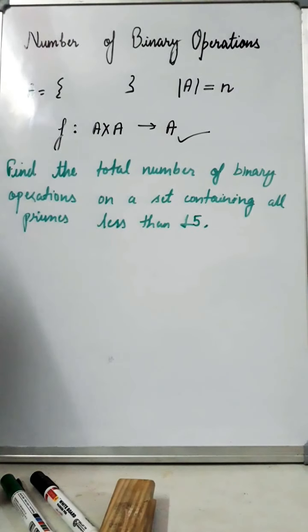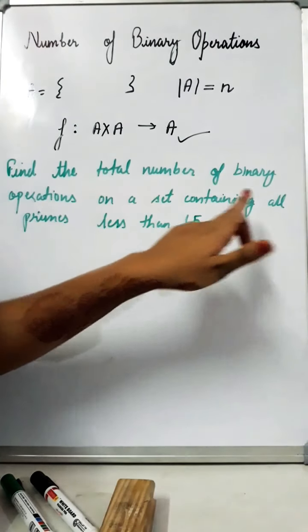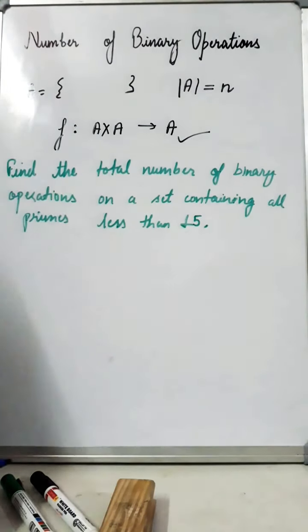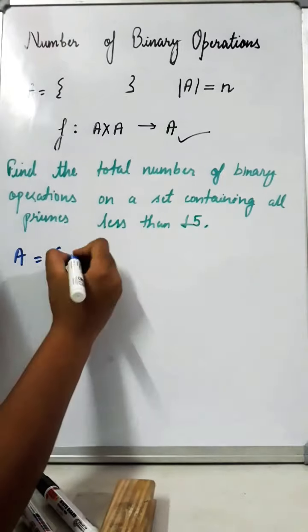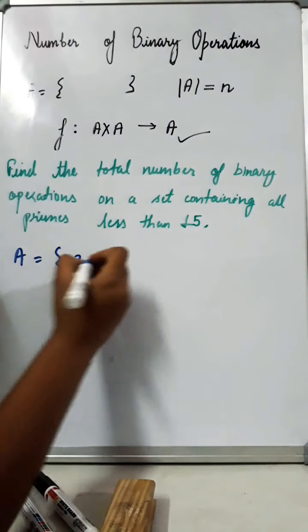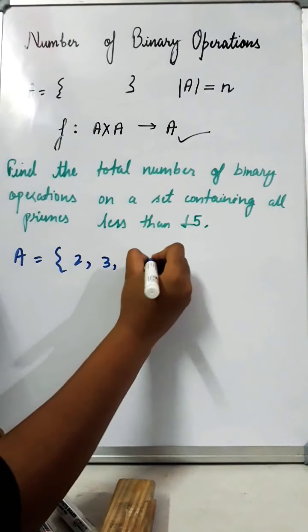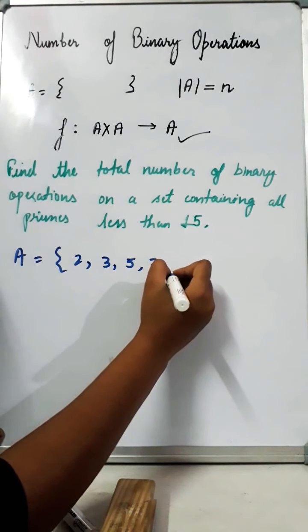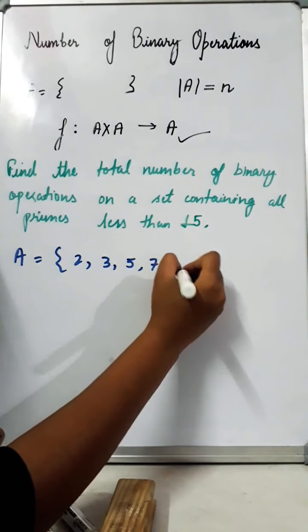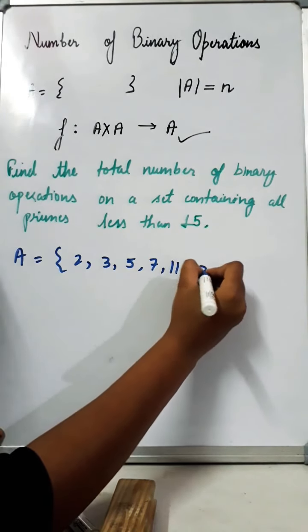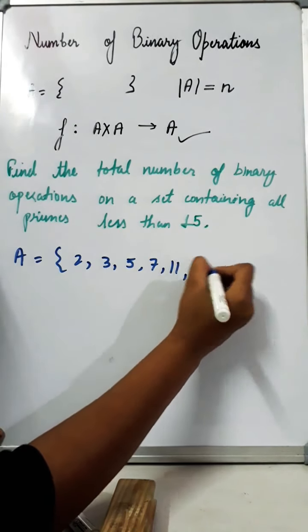Okay, here find the total number of binary operations on a set containing all primes less than 15. Suppose there is a set A that contains all the primes less than 15. So what is it going to contain? 2, 3, 5, 7, 11, 13. So the total number of elements in A is 1, 2, 3, 4, 5, 6.